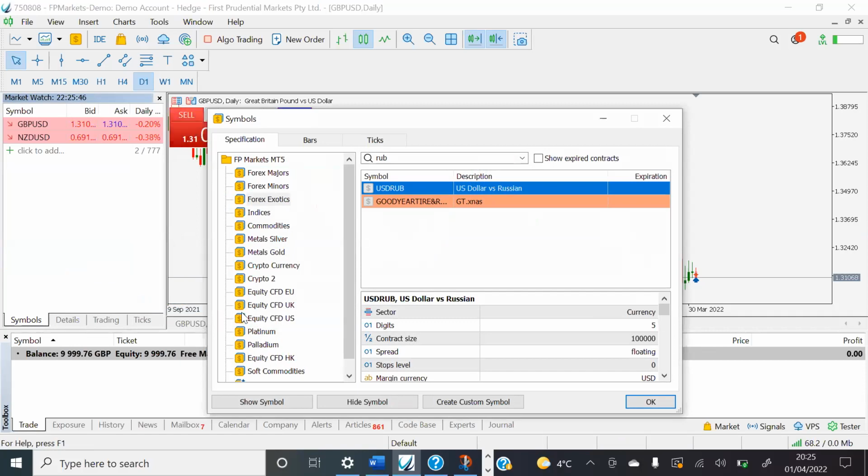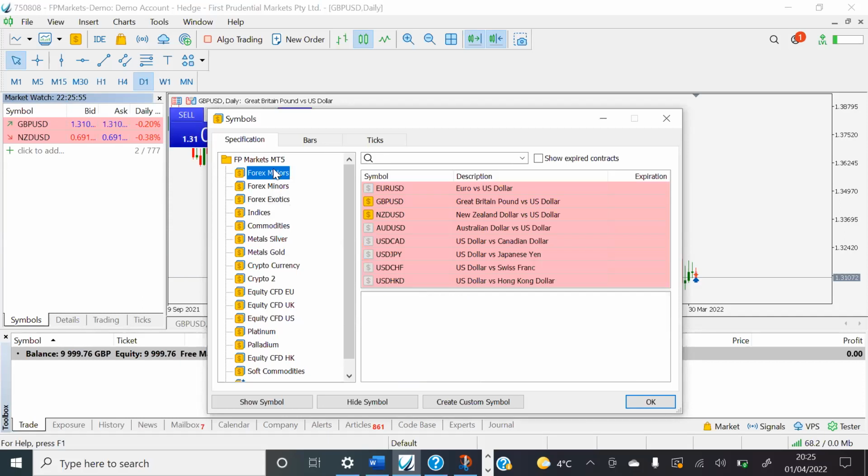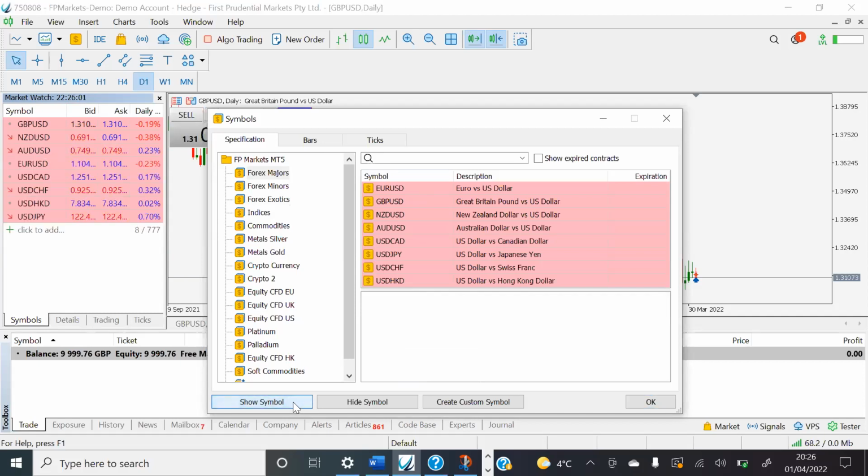Go up to major, for FP Market, no, to the left now. Forex major. And then we're going to click show symbols. Scroll down to show symbols. All of those are the major currency pairs in the world. So click OK now for me, please.